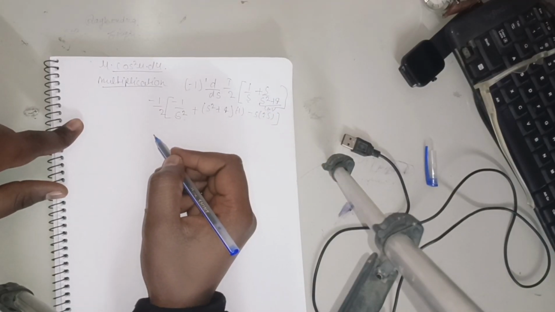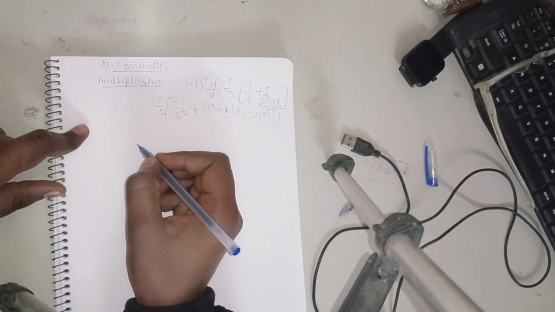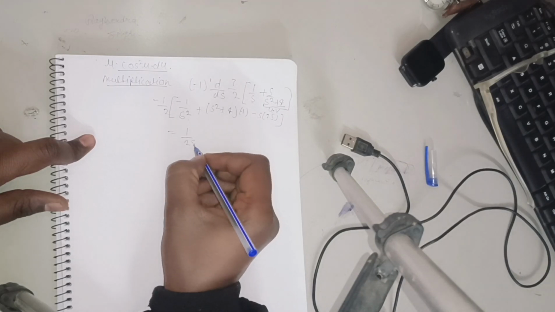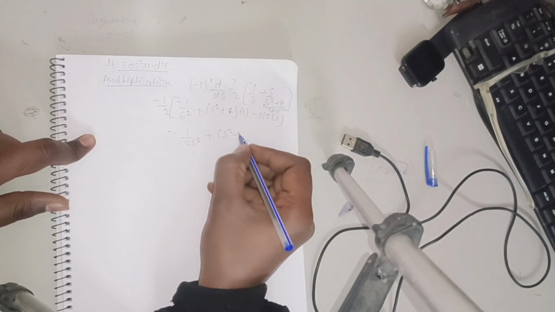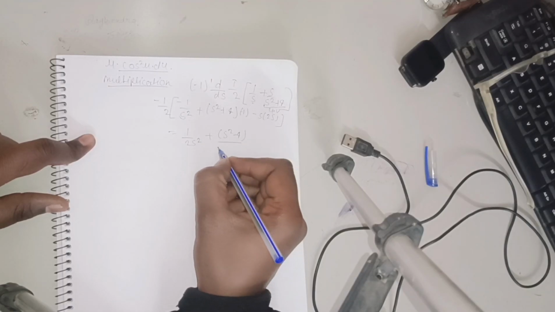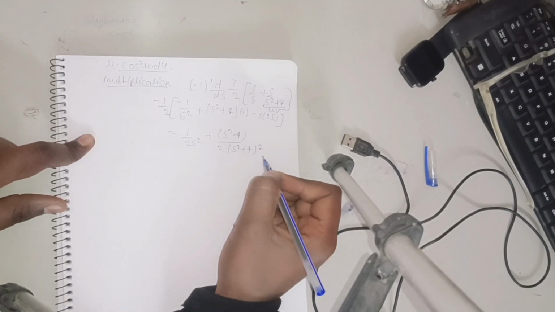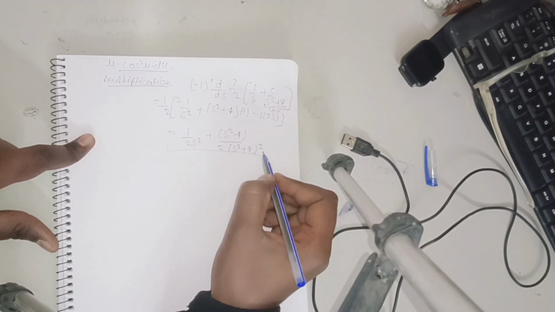Okay, yes. So the final it will be 1 upon 2, s square minus 4 upon 2 s square plus 4 whole square. Okay, now simply use the property.